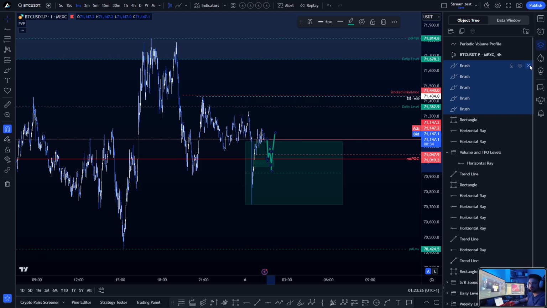If I'm not mistaken, all of this is liquidity, right? Yeah. What's this trend line? Let's see. Okay, also liquidity. This is, oh, the stacked imbalances. Stacked imbalances are a TPO level because it's red on the TPO chart, okay?